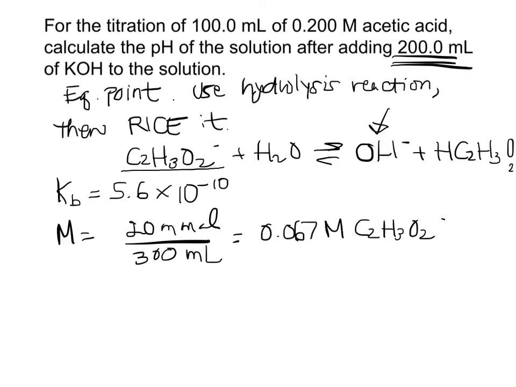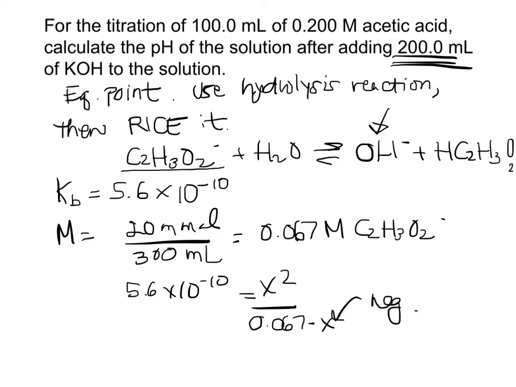So we're going to have our Kb, which is 5.6 times 10 to the negative 10 equals x squared over my molarity, 0.067 minus x, and we're going to neglect x. I'm running out of room. I'm going to have to go to a new slide.